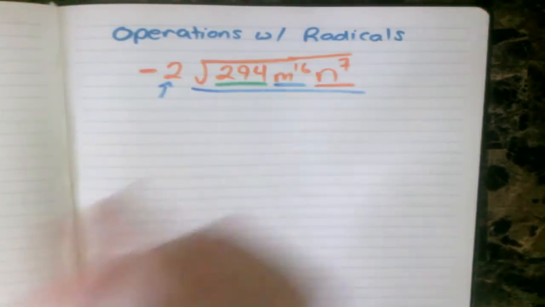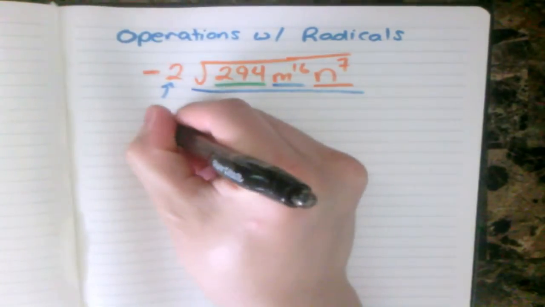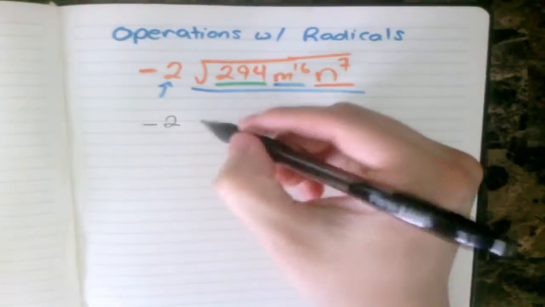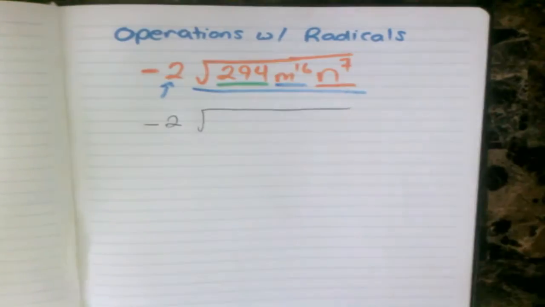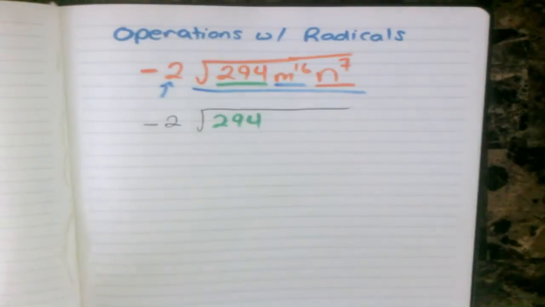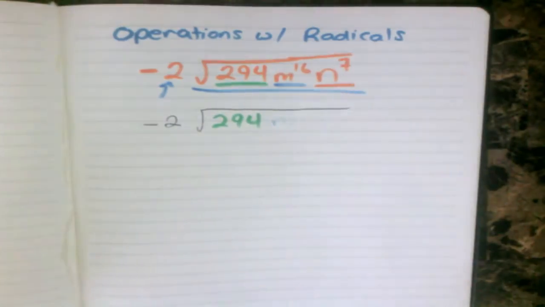We've got -2 on the outside here, which I'm going to write in pen. We don't really have to worry about it, so I'll stick it over to the left. Again, we've got our square root sign, and three different parts of this problem to deal with: 294 is the number, and then each individual letter. In any given problem my blue marker's dying.